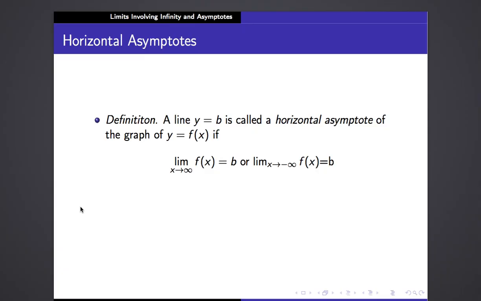A line y equals b, obviously that's a horizontal line, is called a horizontal asymptote of the graph of y equals f of x if the following conditions are met. The limit of f of x as x goes to infinity equals b, or the limit as x goes to negative infinity of f of x equals b.